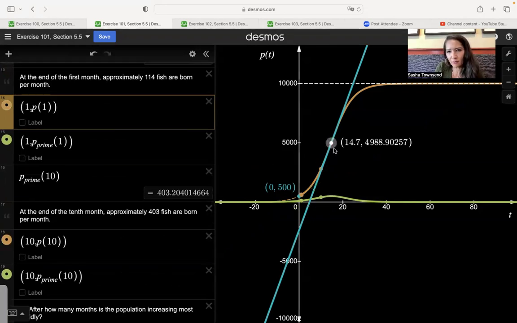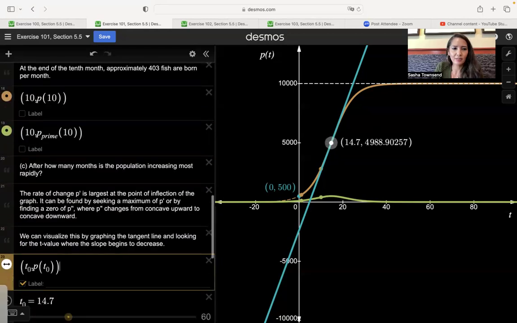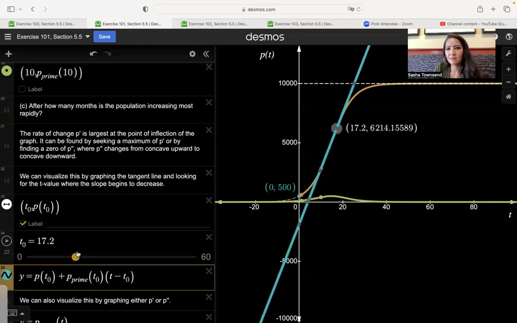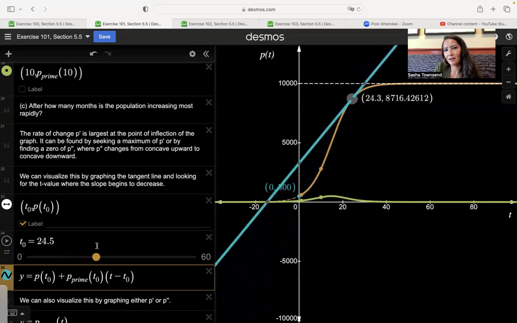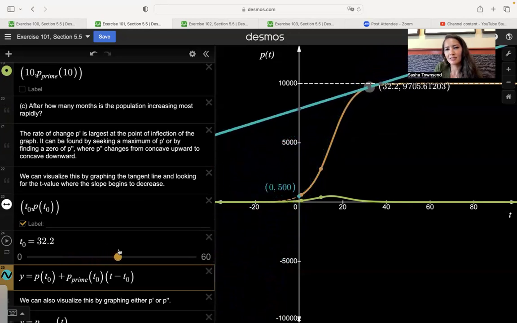So sometime around that 14.7 mark, 14.7 months after the 500 fish were released into the lake, our tangent line is as steep as it's going to get. And then after that, it still has a positive slope, but it starts to flatten out a bit. The rate of increase starts to decrease, if that makes sense.